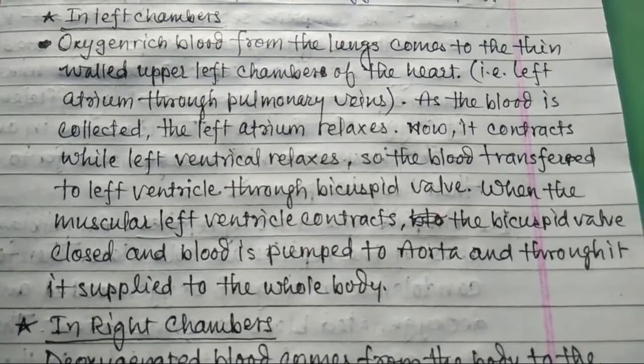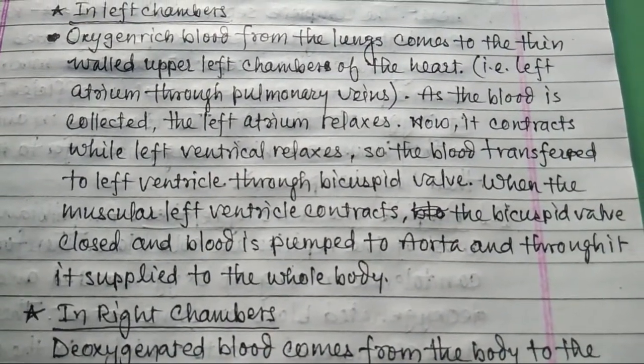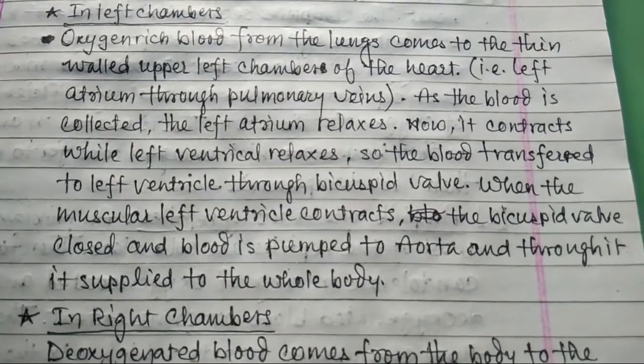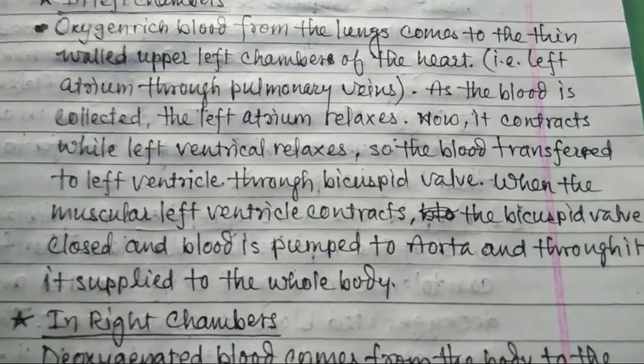When the muscular left ventricle contracts, the bicuspid valve closes and blood is pumped to the aorta, and through it is supplied to the whole body.